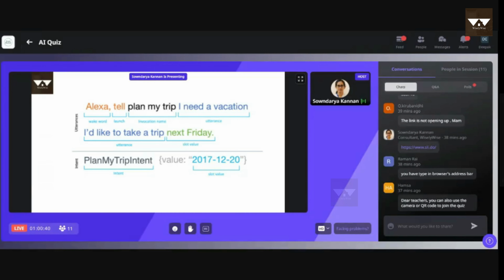So there is wake word, launch word, invocation name, and utterance. These are the terms, and these are the examples given. You can read all three examples completely, and we'll move on to the next question. I'll give you a minute to go through.